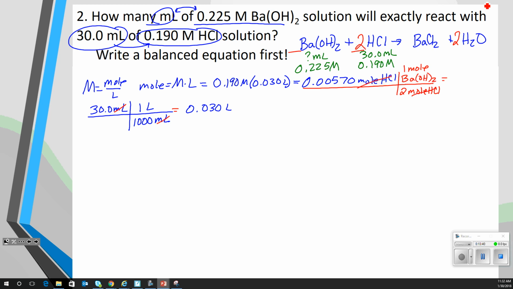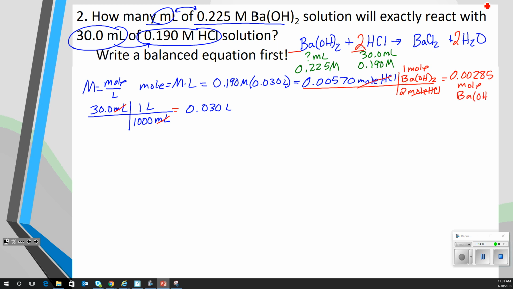Moles of HCl will cancel out, and we divide the 0.0057 by 2, and we should end up with 0.00285 moles of barium hydroxide.